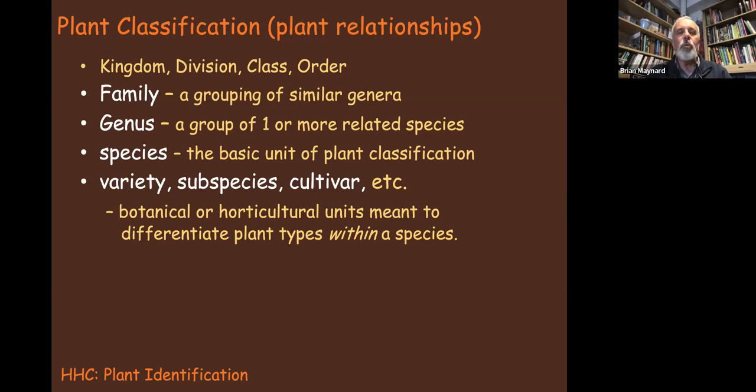And then there's classes and orders, which are other divisions that bring us down to the ones that we typically consider in horticulture and home landscaping, which are the family, which is a grouping of similar genera. For example, the maple family has maples and nowadays includes horse chestnuts as well. And that's the Sapindaceae. And then the genus, which is a group of one or more related species.